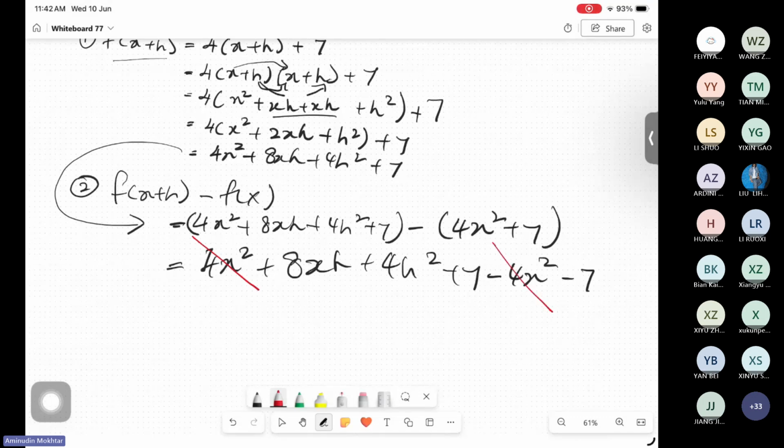Okay, the answer is 0. And then we have 7 minus 7, also 0. So the equation obtained from step 2 is equal to 8xh plus 4h squared. Okay, that is the result from step 2.